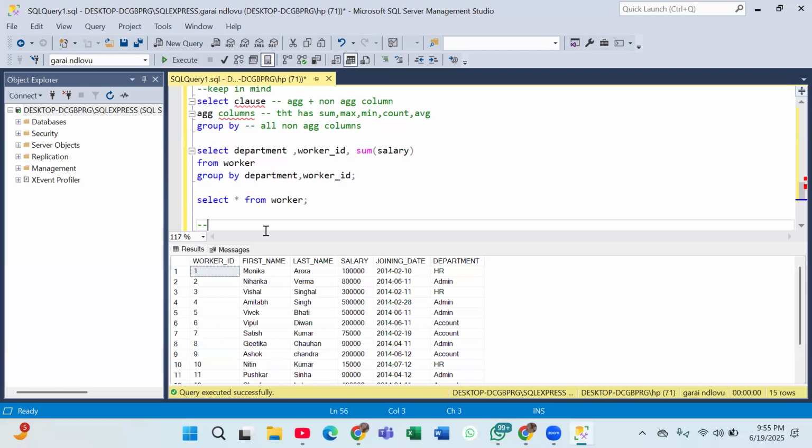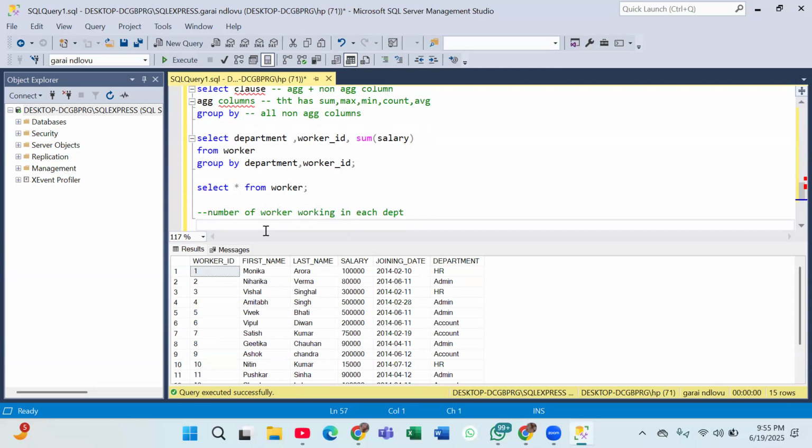What you have to do: I want the number of workers working in each department. Is my question clear with everyone? Number of workers working in each department. Try it out. I'm giving you 2 minutes for this. I'll be right back.